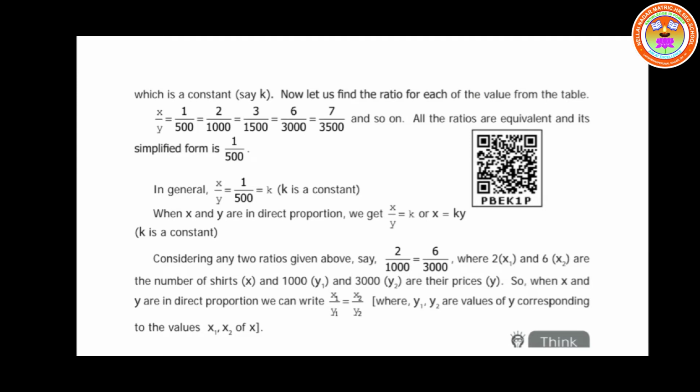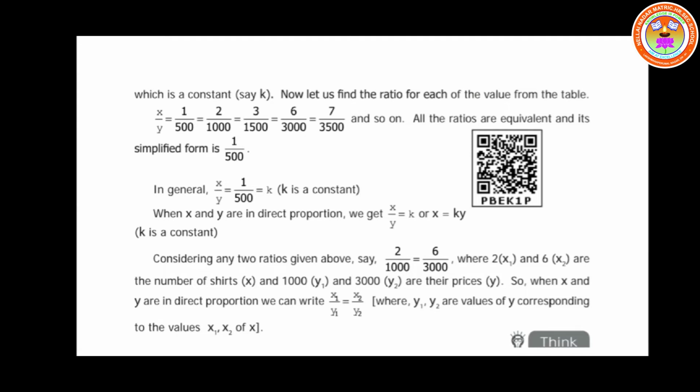Considering any two ratios from the above, 2 by 1000 which is equal to 6 by 3000, we take any two values where 2 is x1 and 6 is x2, the number of shirts. 1000 you take as y1 and 3000 as y2, the prices, that is y.